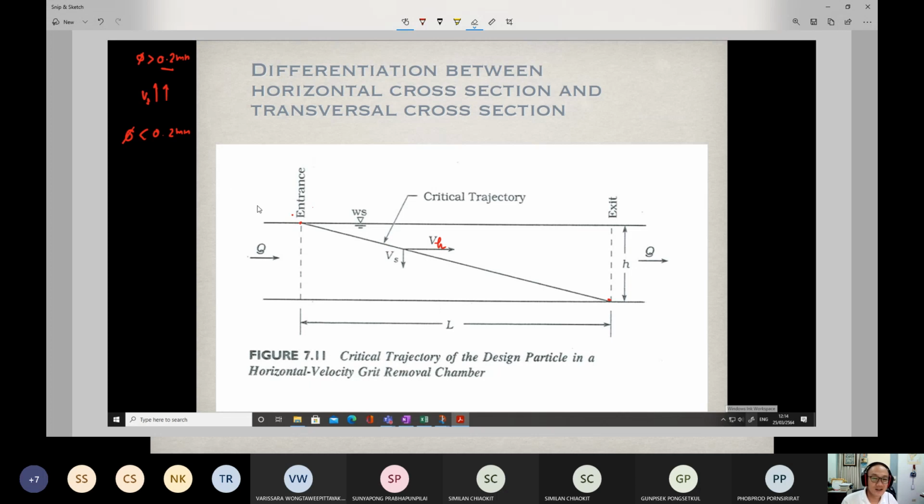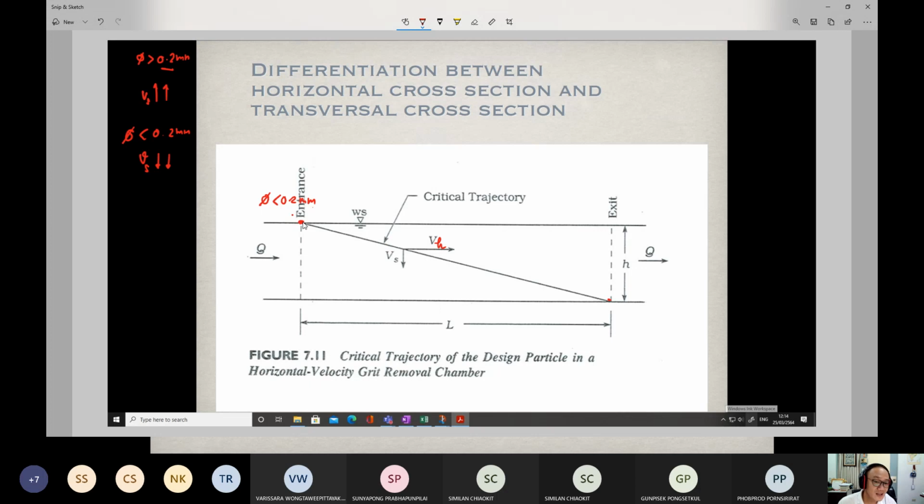For the particle with size smaller than 0.2 millimeters, the settling velocity is very small.